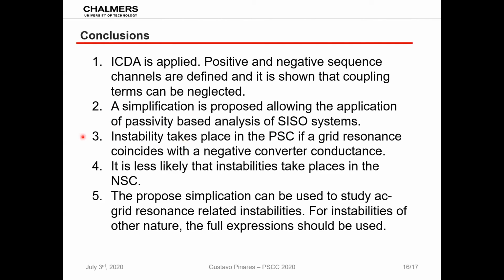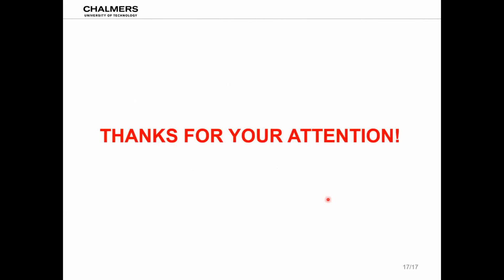The instability takes place mostly due to the interaction of the positive sequence channels, but the risk is lower in the negative sequence channel. And the proposed simplification and approach can be used to study AC grid resonance-related instabilities. For other instability types, the full expressions should be used. Thank you very much for your attention.